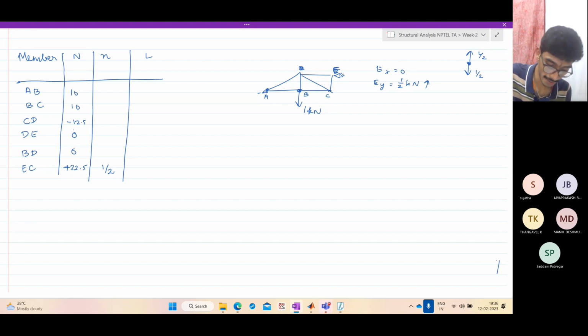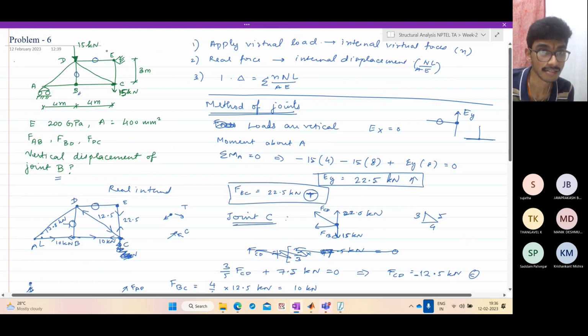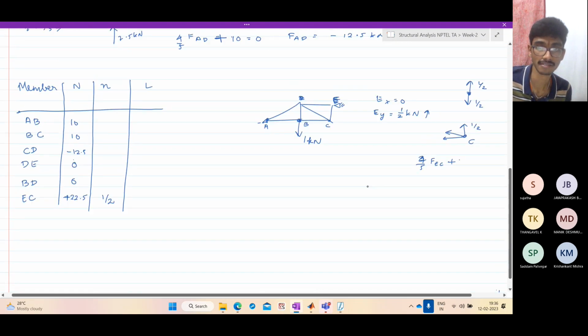Then coming to point C, at point C you have tensile half. This is unknown and this is unknown. And this is a 3 by 5. Let me check. Yeah, sorry, this is 3 by 5.